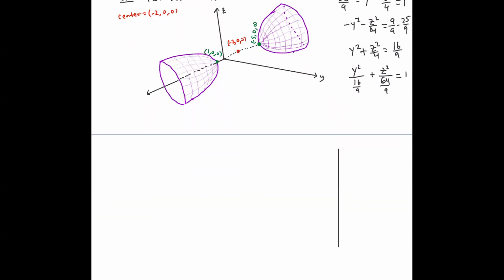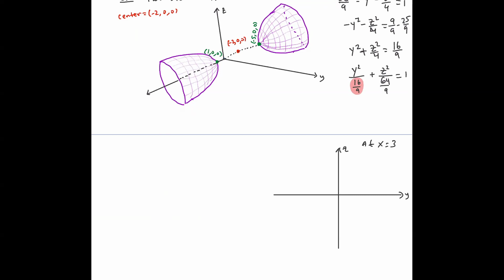So here is the y-axis and then the z-axis. And this is at x equals 3. So everything that we're doing here is a trace of x equals 3. And this is a plane that we have at x equals 3. So for y, I'm looking at the denominator for the first term. So it's 16 over 9. The square root of that is 4 over 3.